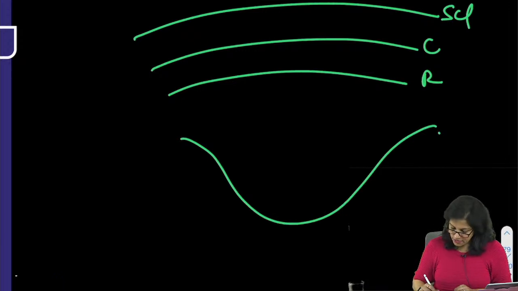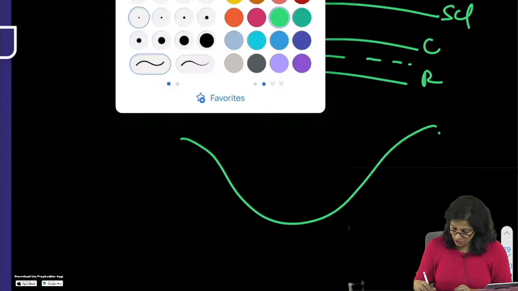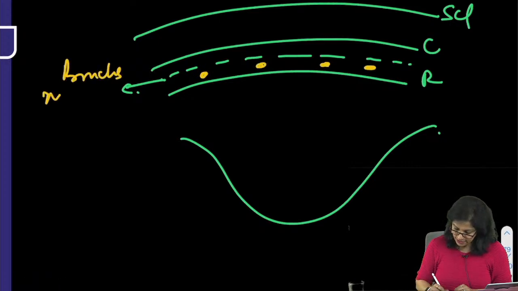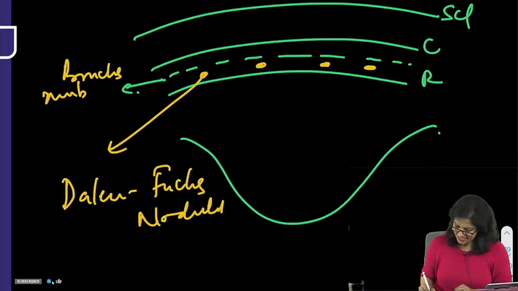Nodules are present between the retina and choroid, at Bruch's membrane. Innermost layer of the choroid is Bruch's membrane. So the nodule is present between this Bruch's membrane and the retina. This is Bruch's membrane, the dotted line, right? What do we call this? We call this Dalen-Fuchs nodules. So this is also your exam question.